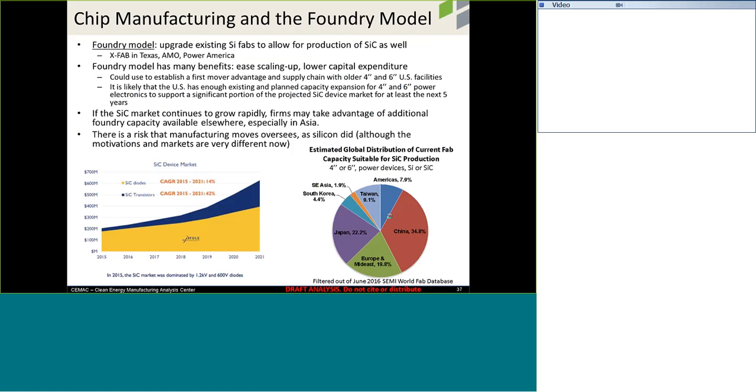However, using a SEMI World Fab database, the majority of silicon fabs are in Japan, EMEA, and China. And so there is probably a need in the U.S. for equipment growth if we want to maintain a dominant position.